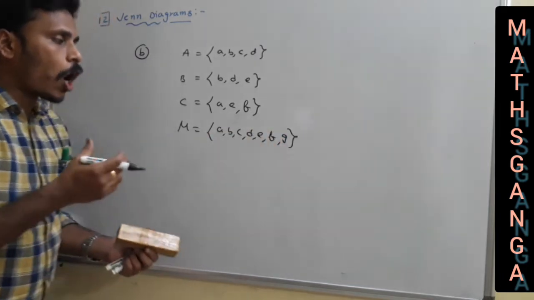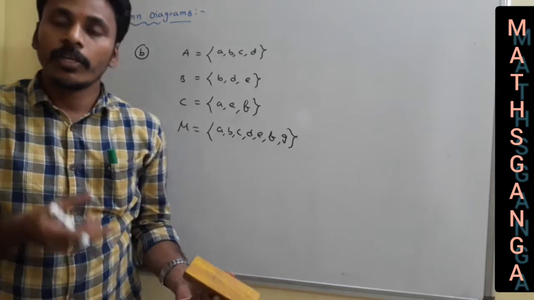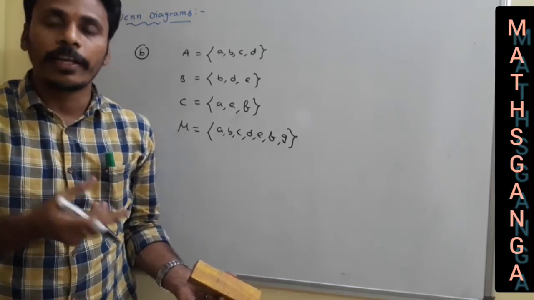Then how do we represent all these sets using Venn diagrams, in a diagrammatic representation?